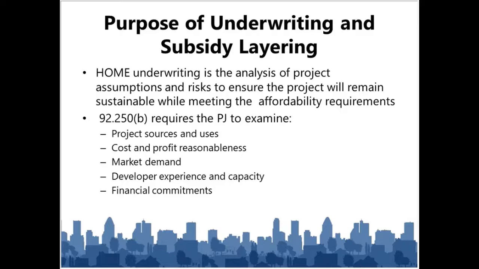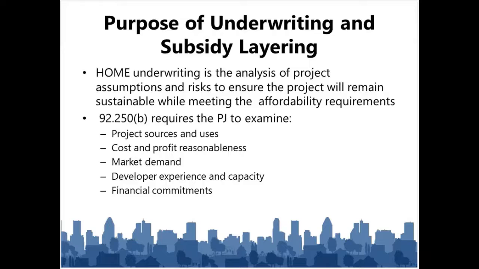Part of our underwriting also includes looking at the marketing, and whether, if we build it or if we rehab it, there will be a demand for those units? Are the partners that we've aligned ourselves with in doing this project, do they have the appropriate skills and the financial capacity? So we're trying to make sure that we have a sustainable project. We're also trying to size the amount of funds that we put into this project if we determine that this project is actually a reasonable risk.